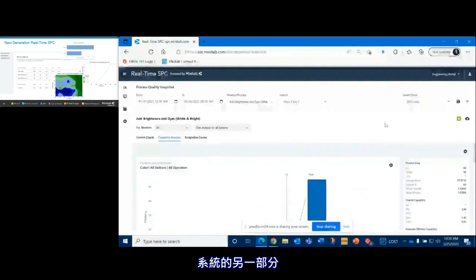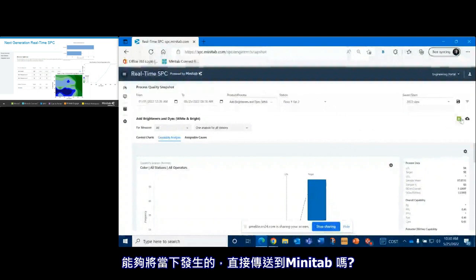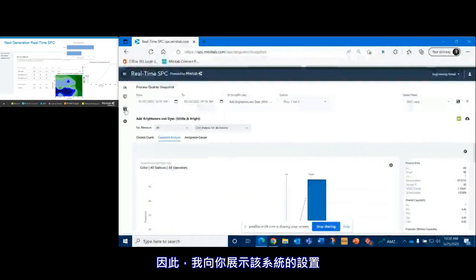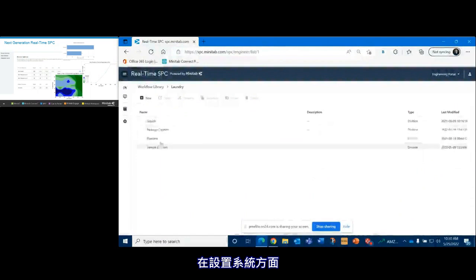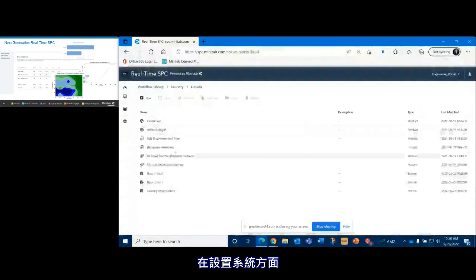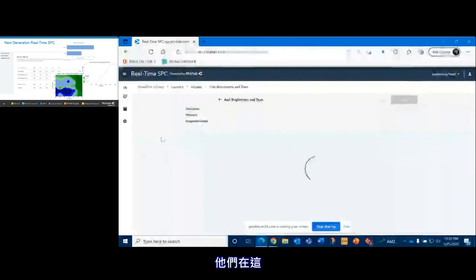The other piece of the system, thinking about predictive analytics and what happens when my quality is not great, is the ability to move that information right into Minitab. So if I show you the setup for this system, let me go in here. In terms of setting up for a system, let me come in here.